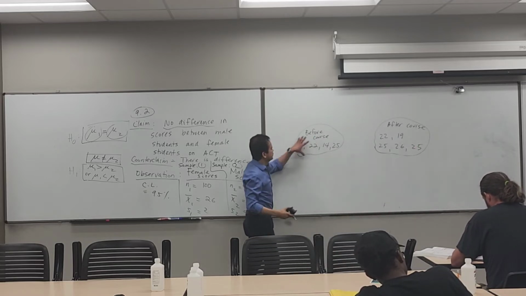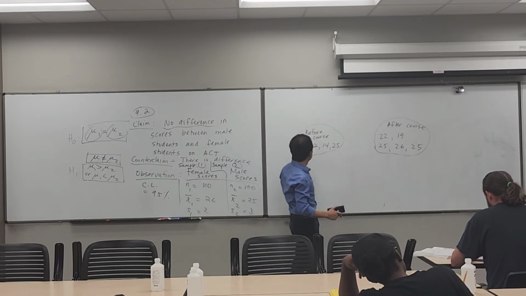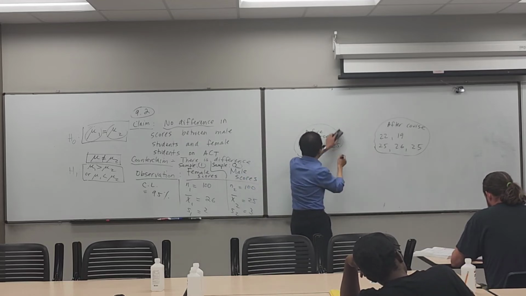So you have a bunch of scores in some order before you take the course and a bunch of scores after you take the course. And let's say that they're the same number of scores.